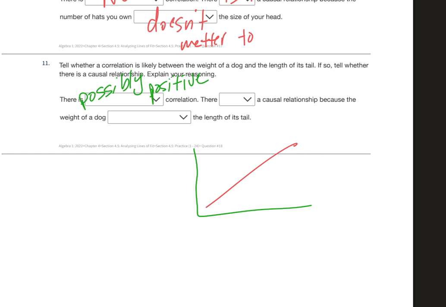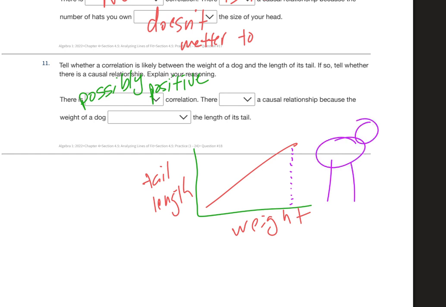So here, let's go with weight and tail length. I guess it kind of makes sense that if you have a dog that weighs a bunch because it's huge, then it's going to probably have a longer tail. I didn't even draw a long tail. It's probably possible that it's going to have a longer tail than this dog, right?